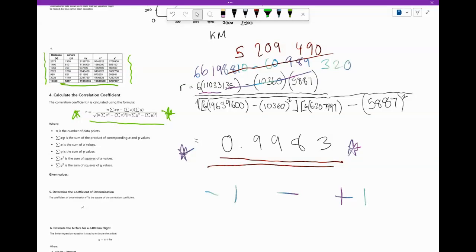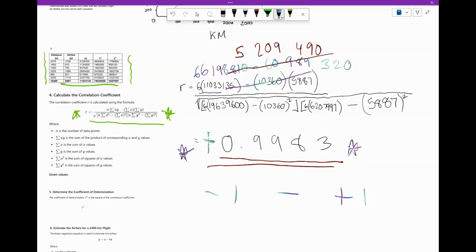If this was negative. But because it's positive, we're saying they move in the same direction. So as the distance for our flights increases, so does the price. Very much correct there. It shows a very strong linear relationship.